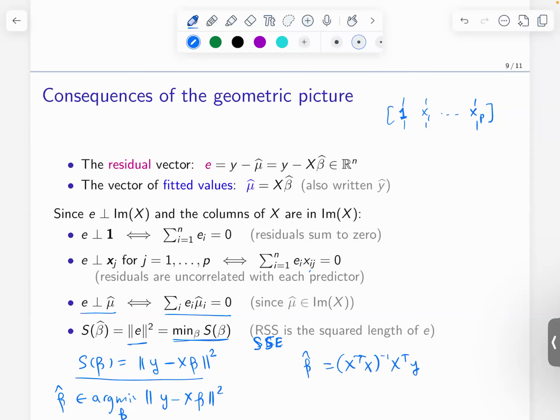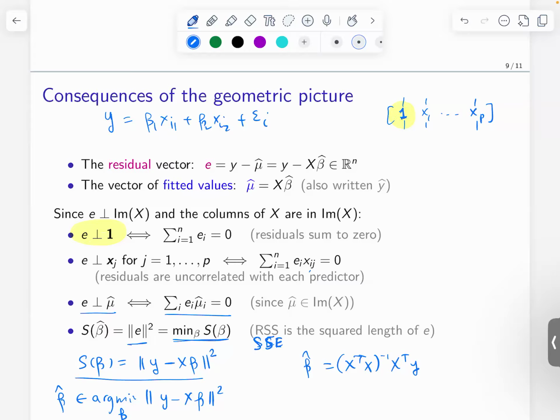A particular thing which I often ask in exams is whether this is always true or not. Whether it's true depends on whether you have a column of ones in the design matrix, and you have that if you have an intercept in the model. You don't necessarily have to include the intercept. For example, a model like beta 1 x_i1 plus beta 2 x_i2 passes through the origin.